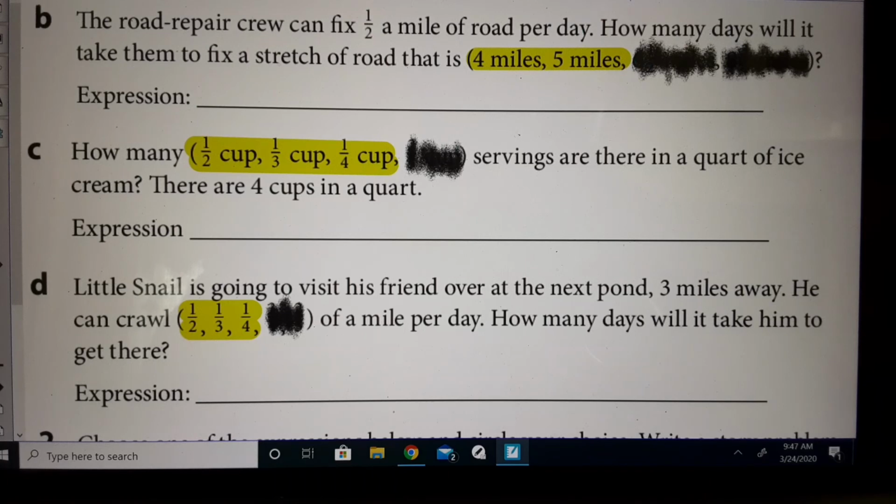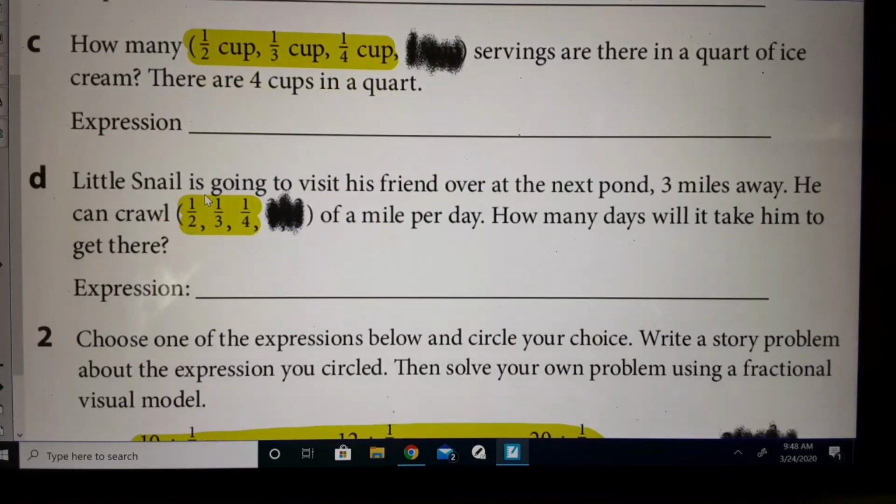I have recommended that we not use the more challenging choices, as those will be difficult without me there to help you through it. I would stick with the first few, the whole numbers, the unit fractions.